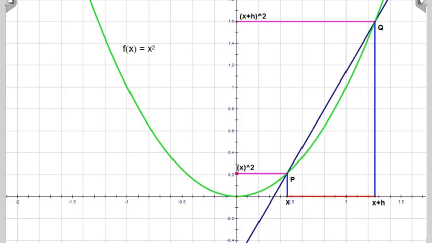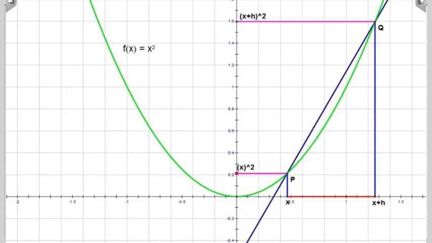Okay, and that's what we're doing with this whole concept of the limit of the gradient of the line segment PQ as this little red line here, which I'm going to call H, which means just a little bit of difference between P and Q in an X sense, as that H gets smaller and smaller and smaller.